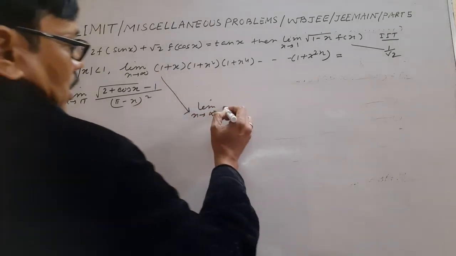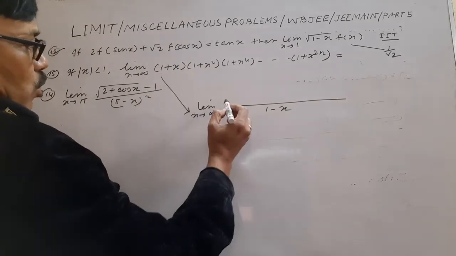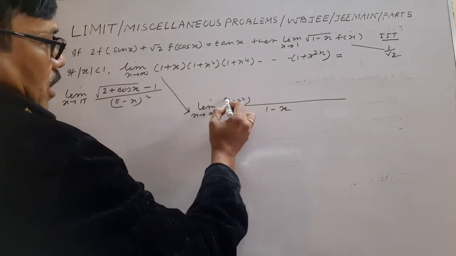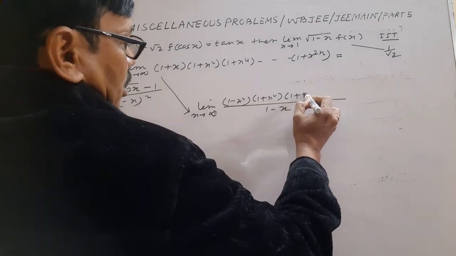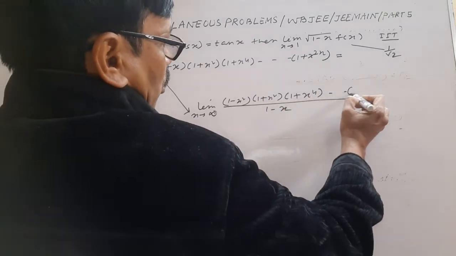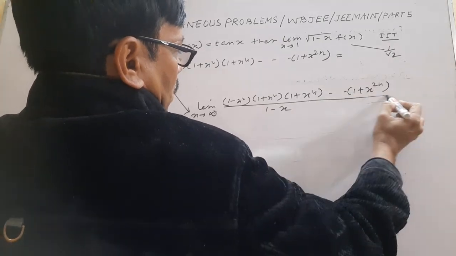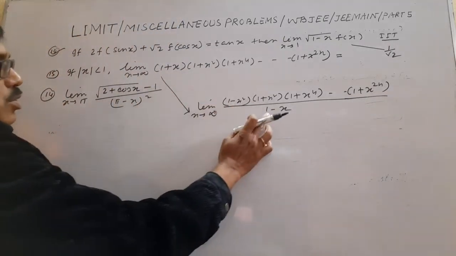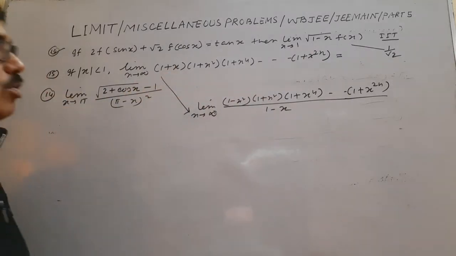So if we multiply by 1 minus x, this is 1 minus x square. Now we are getting the second term as 1 plus x square. So if we take only 1 minus x to numerator and denominator, then it is 1 minus x square.